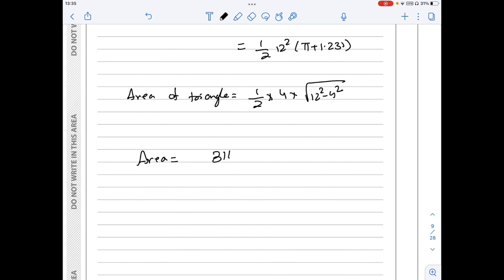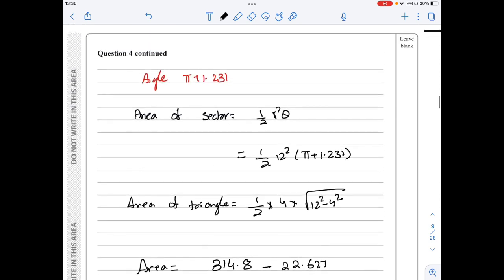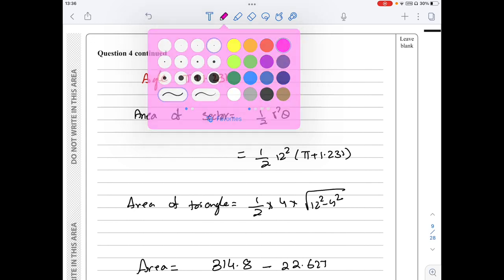area of the sector, which is 314.8, minus area of the triangle, 22.627. Simplify that, you should be able to get the area of this one as 292.2 meters square. That's going to be the answer. So if you want, we can write it out over here.